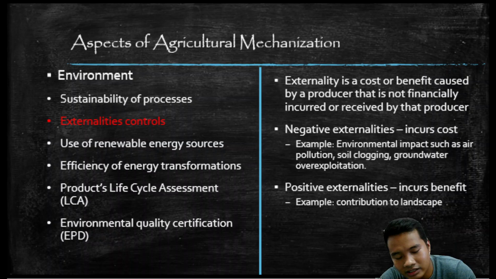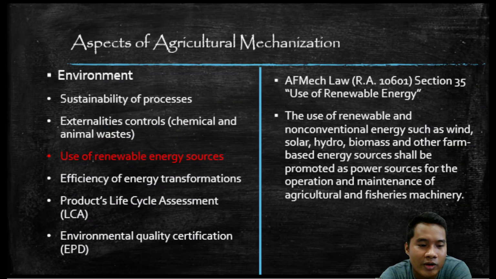Use of renewable energy sources, no? AFMEC law, section 35, sabi diyan, use of renewable energy stated that the use of renewable and non-conventional energy such as wind, solar, hydro, biomass, and other farm-based energy sources shall be promoted as power sources of agricultural machinery, fishery machinery. Okay?